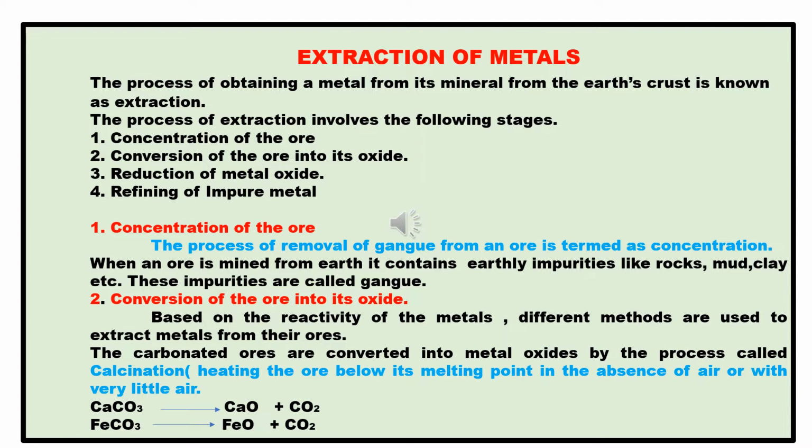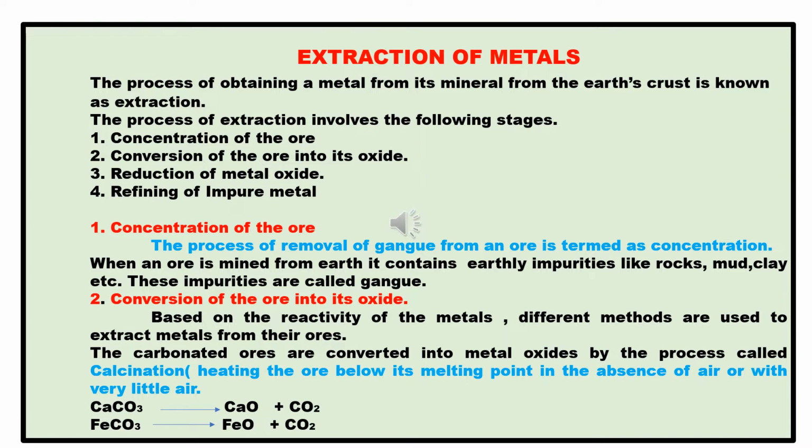So what are the different steps involved in this? First is concentration of the ore, and the second one is conversion of the ore into its oxide, then reduction of the oxide, then refining of impure metal. You may think why we want to do in the second step conversion of an ore into an oxide, and in the third step reduction of that oxide.